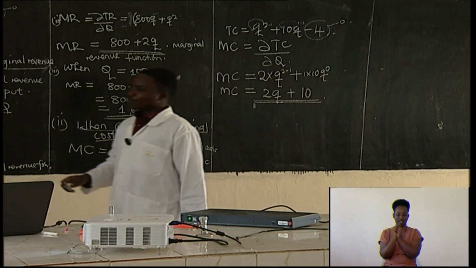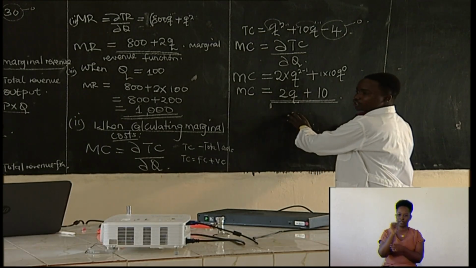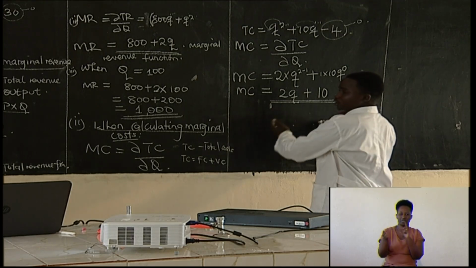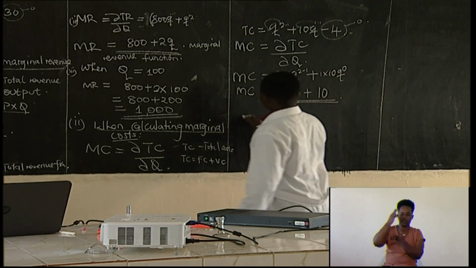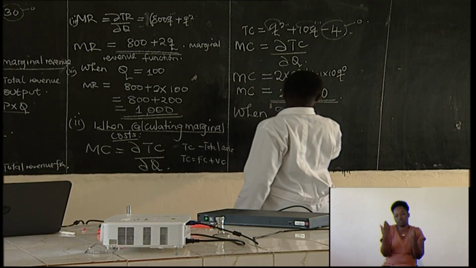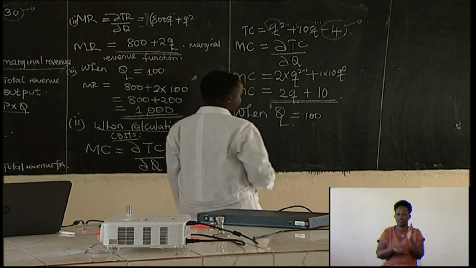Then from there, we can now get the marginal cost when Q is 100. You have already gotten your marginal cost function, so you can now evaluate it when you have Q. When output is 100, what is your marginal cost?